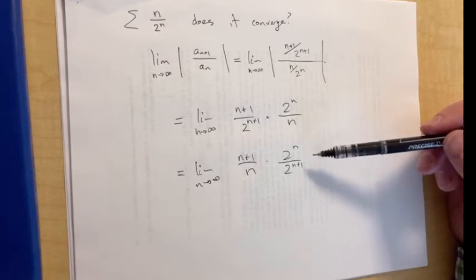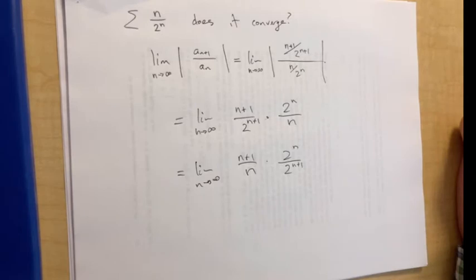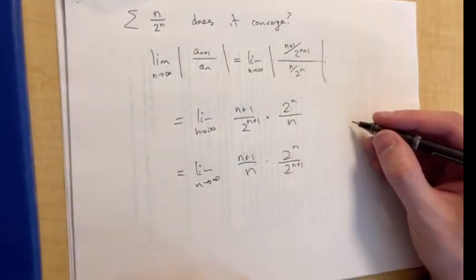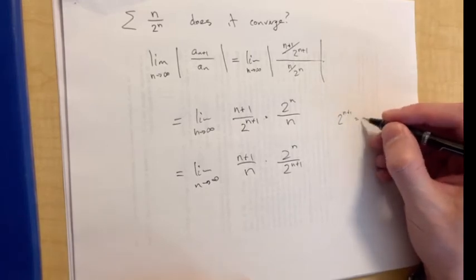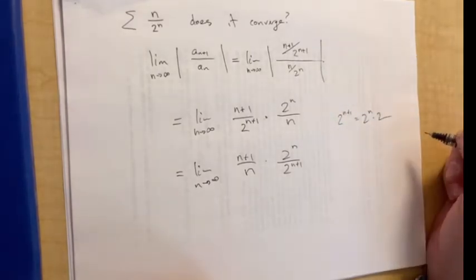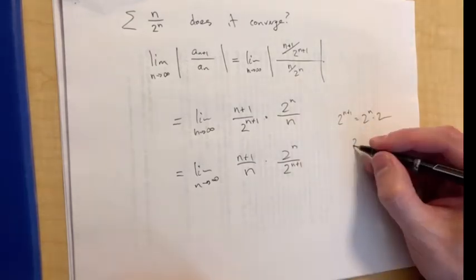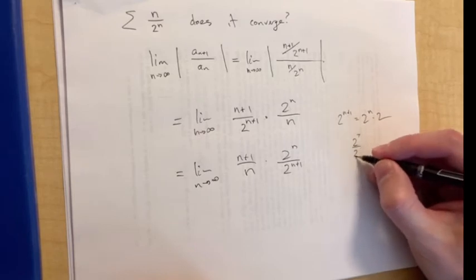The bottom one would be 2 to the n times 2. There's something, you can pull out a 2 to the n somewhere. Yeah, actually, that is true. The bottom, 2 to the n plus 1, is the same as 2 to the n times 2, isn't it? Because of the way that exponents work. What we're looking at, 2 to the n over 2 to the n plus 1, is something like 2 to the 7 divided by 2 to the 8.